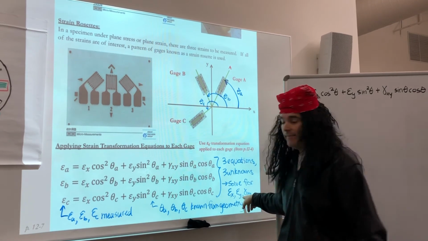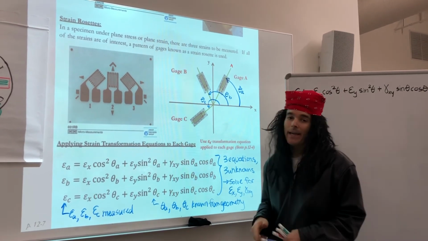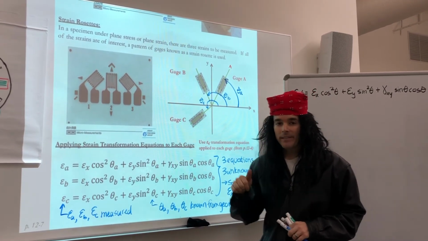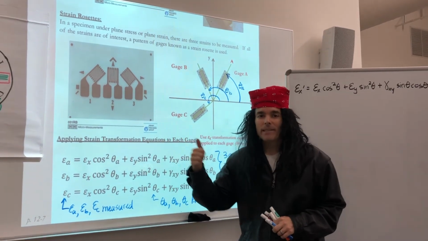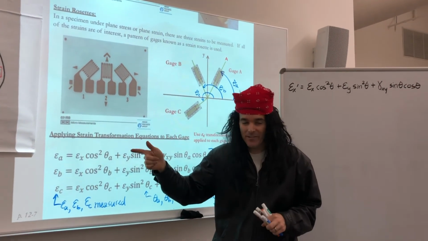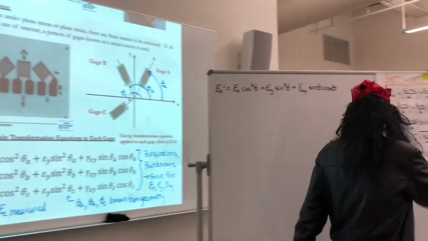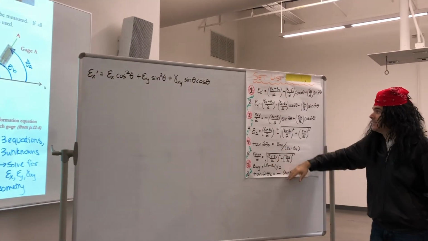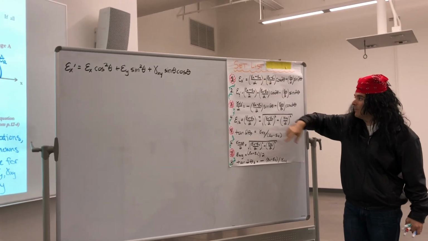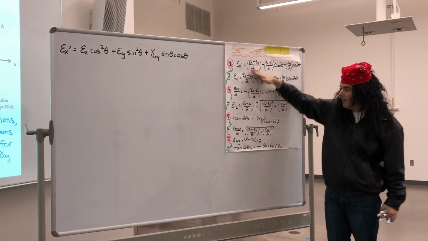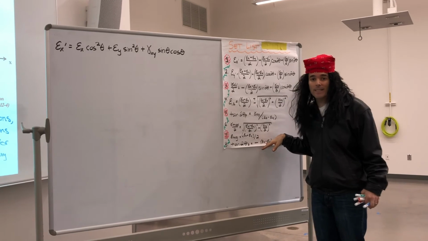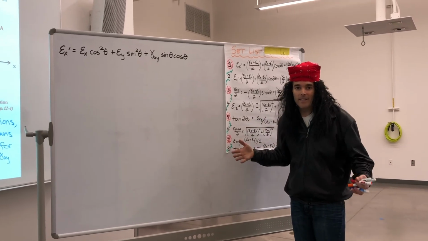Once you have these three values, epsilon x, epsilon y, gamma xy, we can go on to determine principal strains, max shear strain, all those other things that we did using our strain transformation equations. So once we have epsilon x and epsilon y and gamma xy, we can run through any or all of these equations to solve our engineering problem.